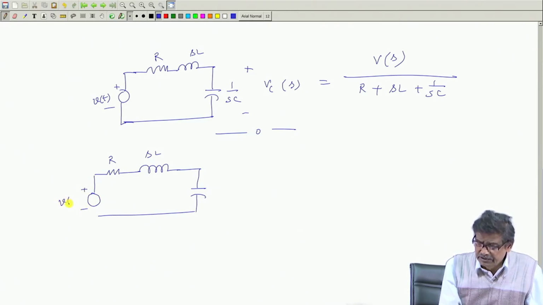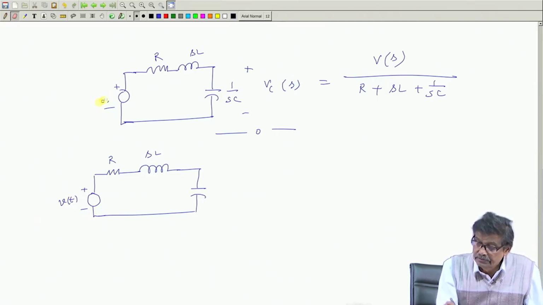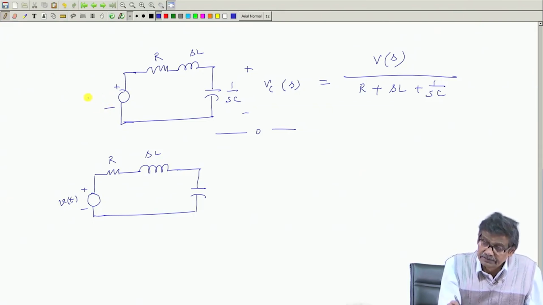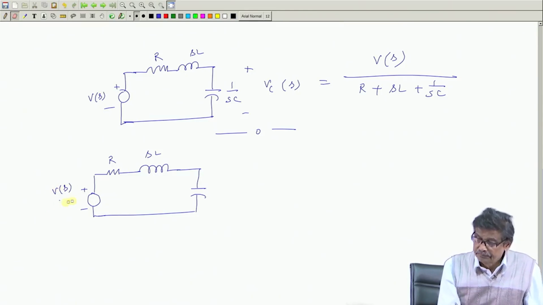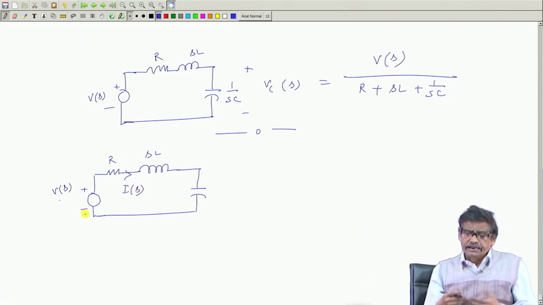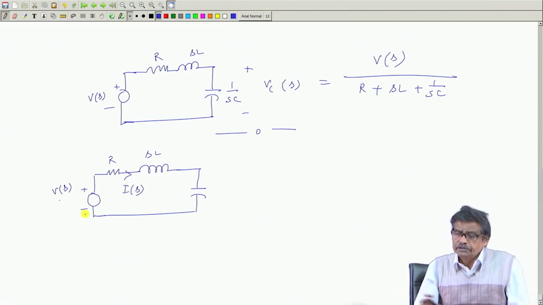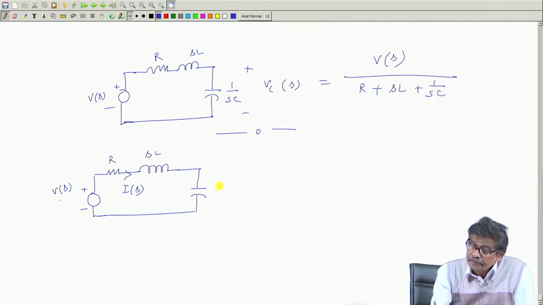Some voltage Vs, I should write in S domain Vs, not Vt. This is Vs, this is the thing, and this is Is. Laplace transform gives you both the steady state and transient part of the solution, that is fine.